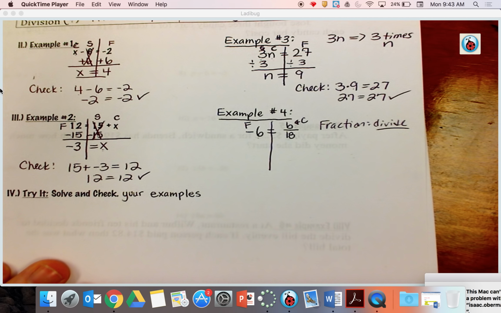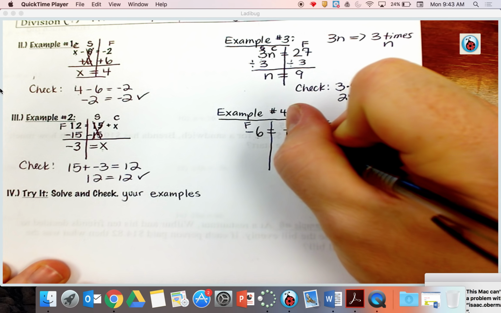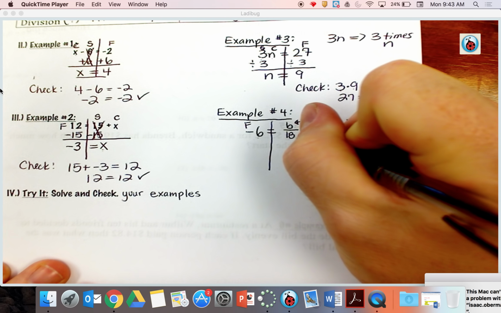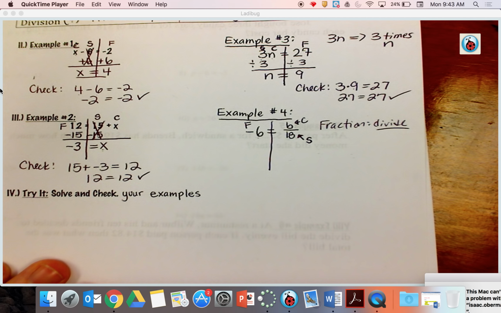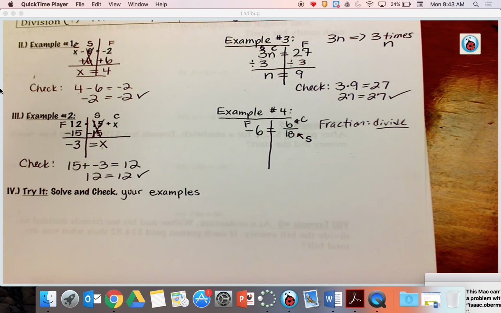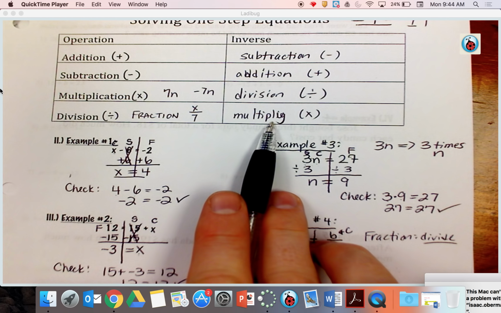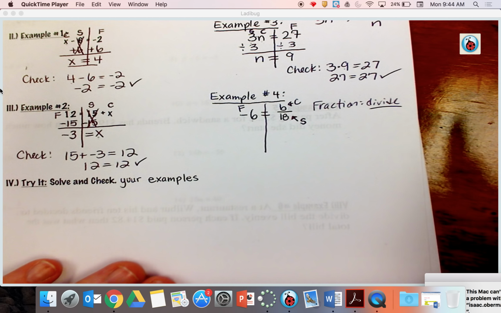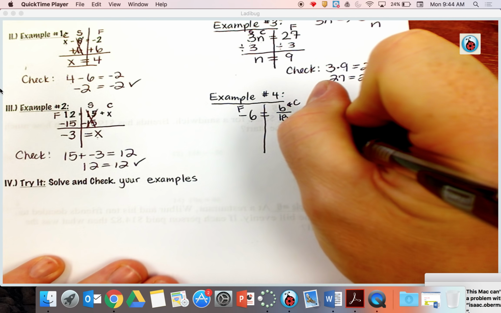It's my variable. My start, what I'm going to move, is the 18. So how do I keep my equation balanced? Well, since it's division, I have to multiply on both sides. I look right up here and go, ooh, I got division. What am I doing? I'm multiplying on both sides. So I'm going to multiply by 18 on both sides.